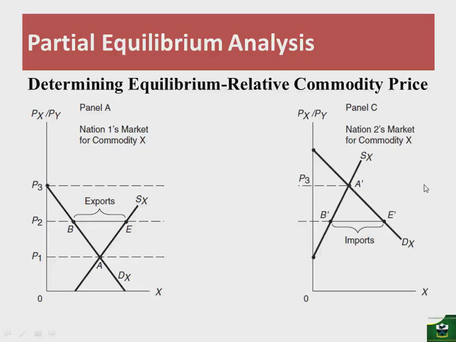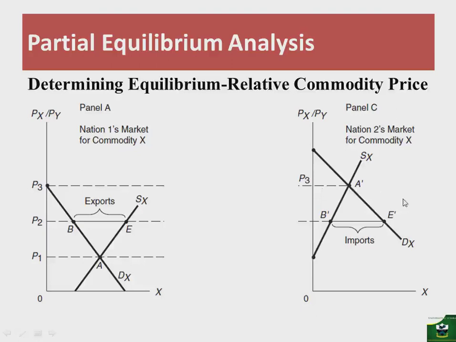Now, we noted that when nation 1 is in equilibrium at a price P1, the reciprocal will be the domestic terms of trade, or the domestic relative commodity prices, for the other nation. So which means that for nation 1, which has a lower price of commodity X at A, nation 2 will have a price P3, and it will be in autarky at A prime.